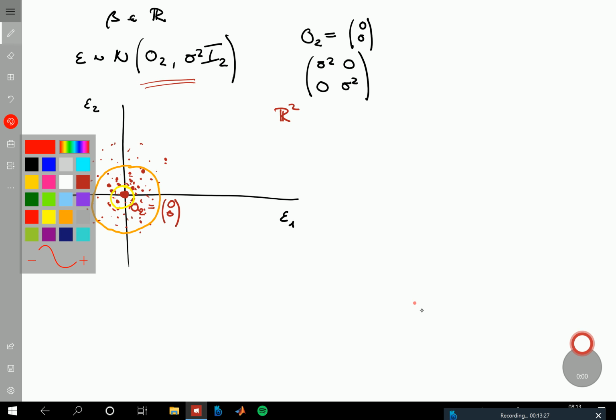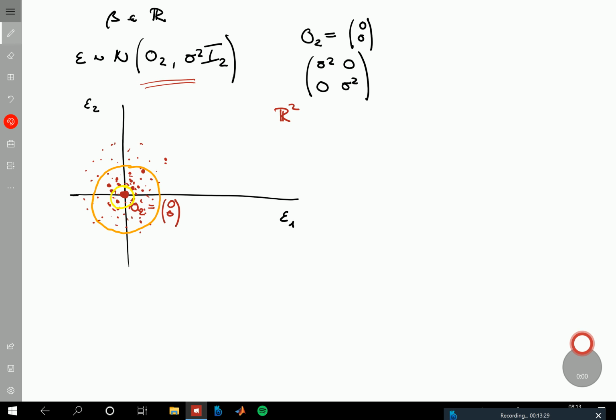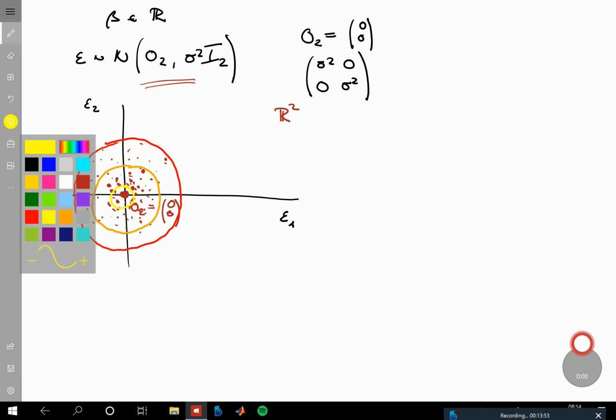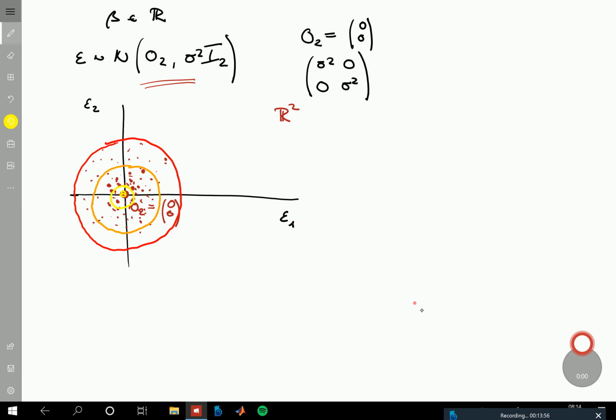And the important thing is the covariance structure: because of the covariance matrix, for which the off-diagonal elements are 0, this is a circle.